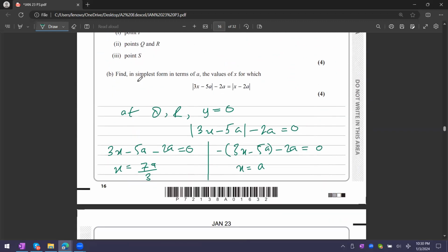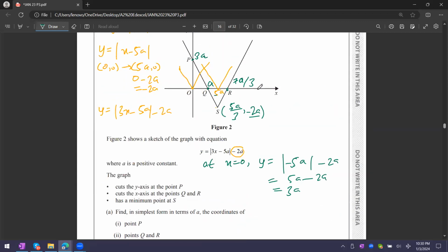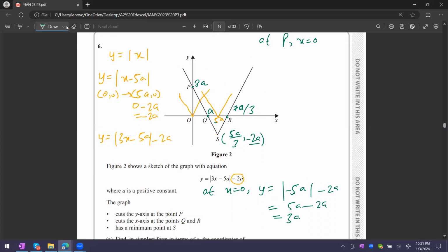No questions for the b part. Now we need to solve this equation. First, let's look at it. This is exactly the same function on the left side. On the right side, we have a line here, x minus 2a. I'm just doing a sketch with the red line.